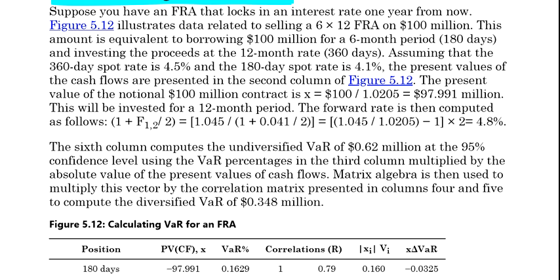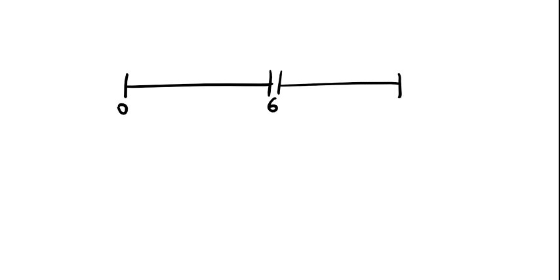Now the example given here is an FRA of 6 into 12, means 6-month agreement and 6-month loan. And what is my notional amount? My notional amount is $100 million. Means you are borrowing the money for 6 months and investing the whole proceeds for 360 days from now. Understand, this is the timeline, 0, 6 and I will say 12.